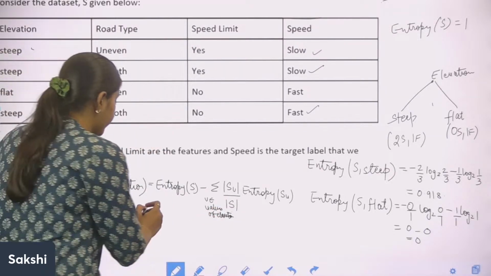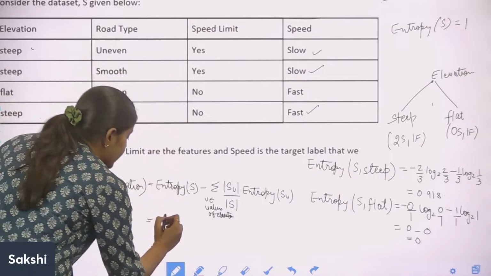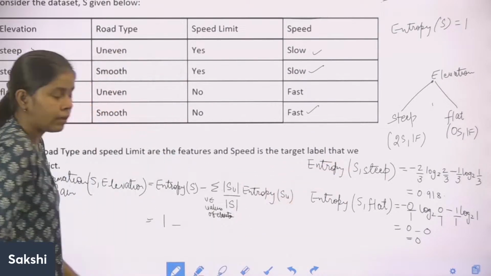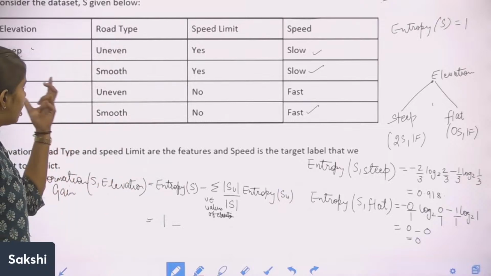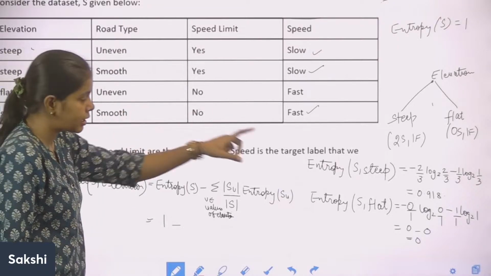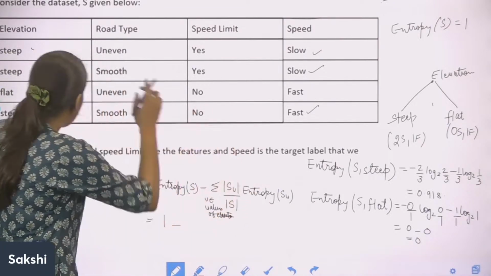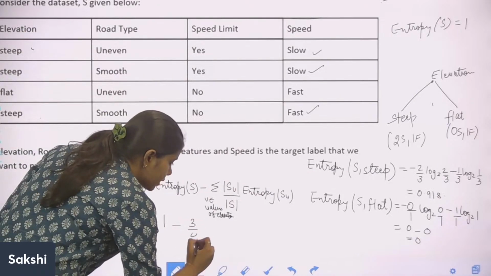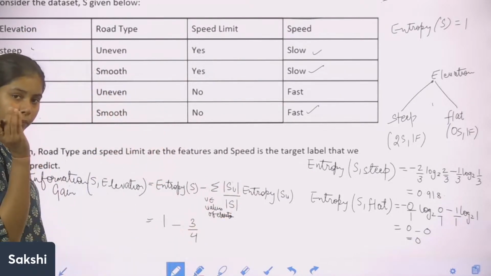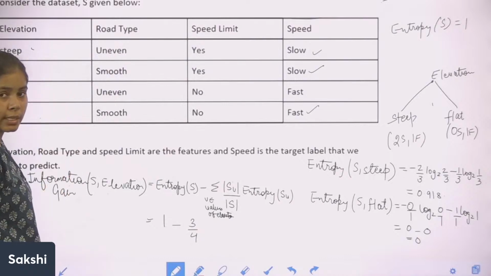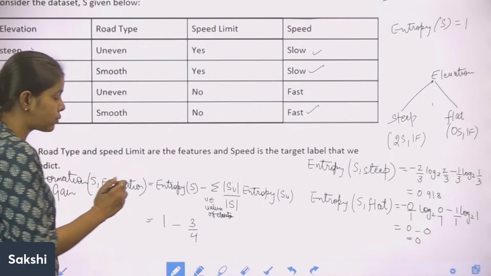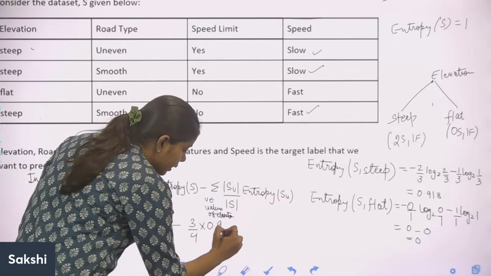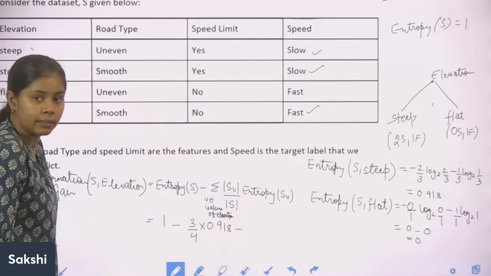Entropy of S I got as 1, minus. Now let's talk about steep. If I take steep, out of 4 examples, I have 3 steep. Cardinality of SV means how many values we have in steep. We have 3 values. So 3 by 4 into entropy of SV, which I got as 0.918, minus.